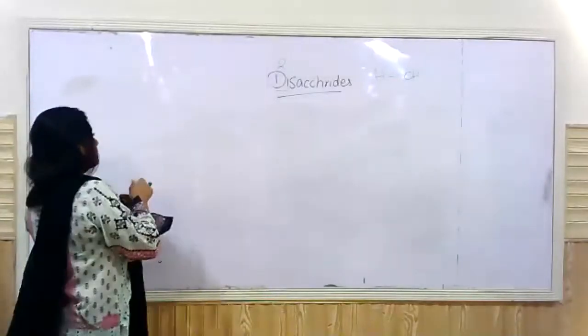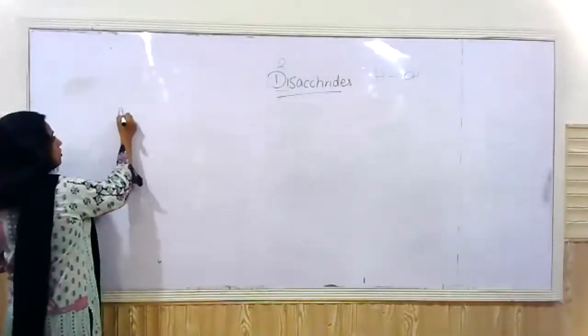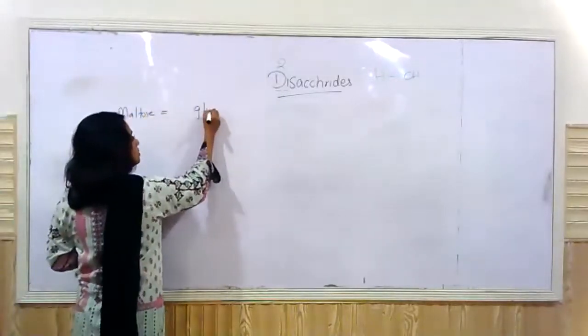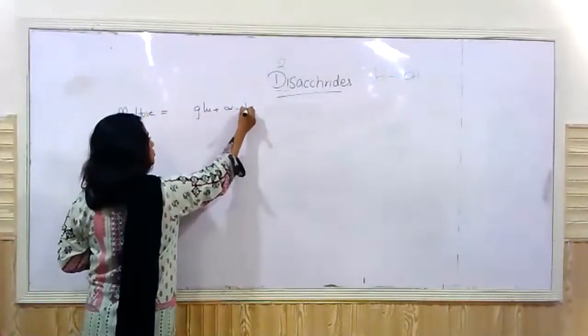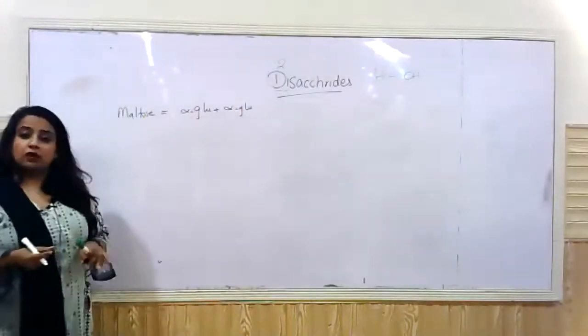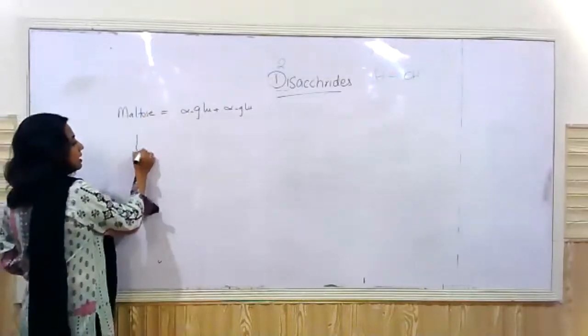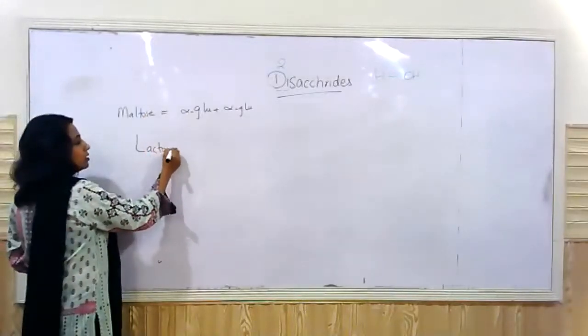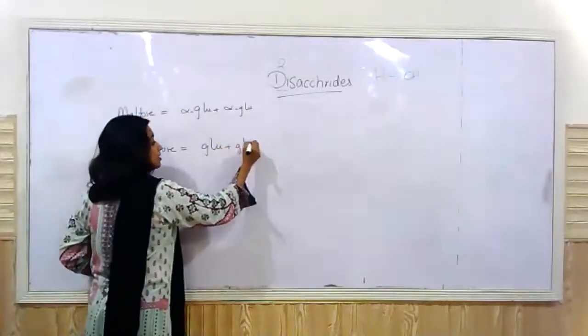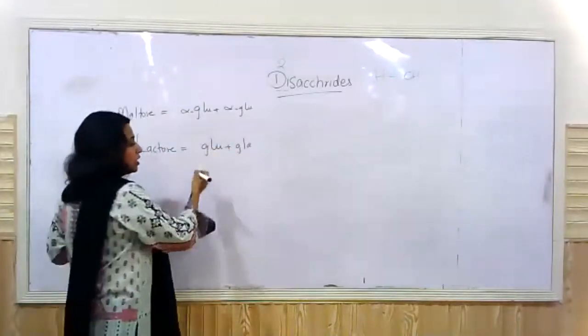So what happens? Maltose you've already seen. Maltose is formed by alpha glucose plus alpha glucose, right? Two alpha glucose, you add them up, and maltose is formed. Now, lactose is formed by glucose plus galactose, right? So I'll draw this molecule.